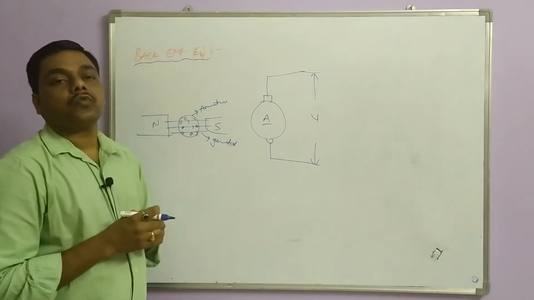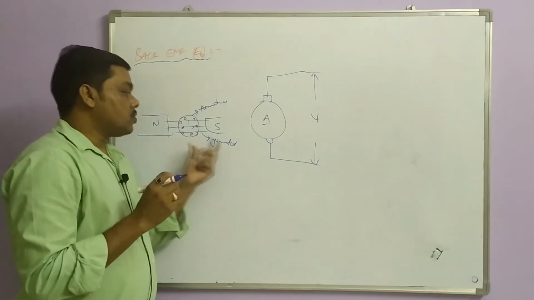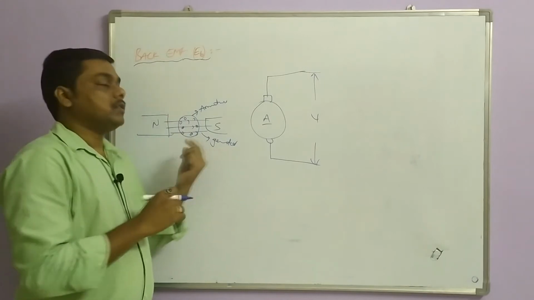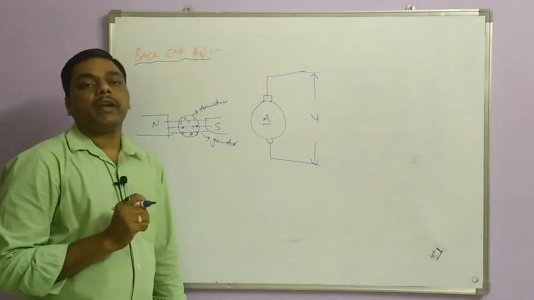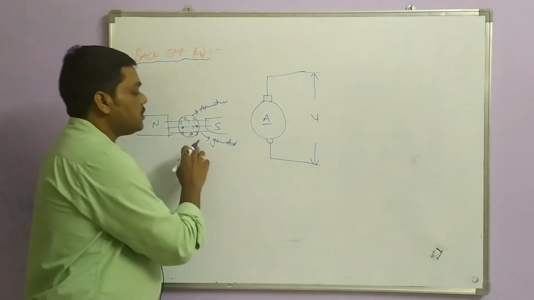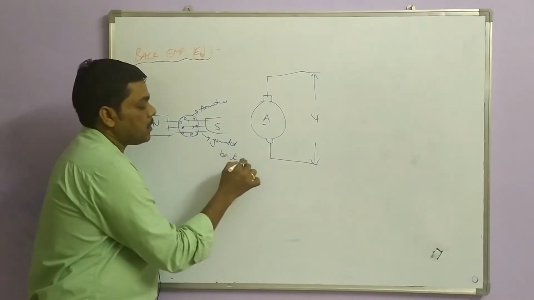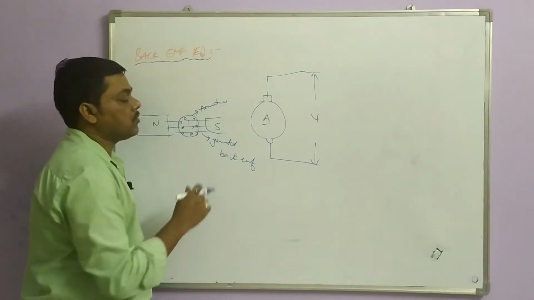They will also experience a force, but the direction will be different. So this internally involves the generator principle, that is, the generated EMF is due to Faraday's laws of electromagnetic induction, and this generated EMF we can call a back EMF.